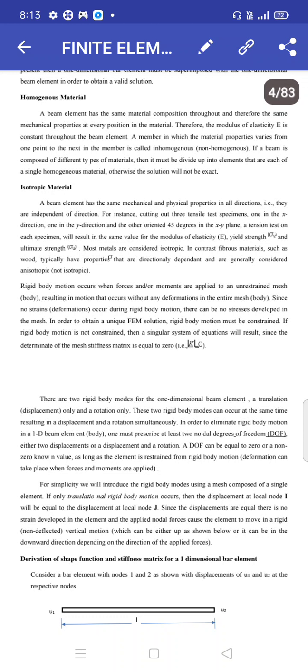Most metals are considered isotropic. In contrast, fibrous materials such as wood typically have properties that are directionally dependent and are generally considered anisotropic, not isotropic.